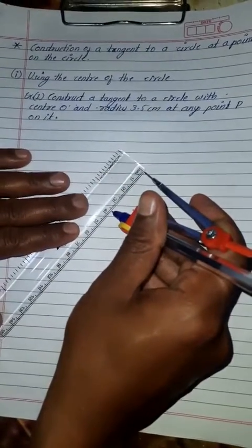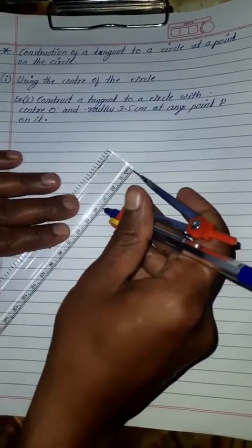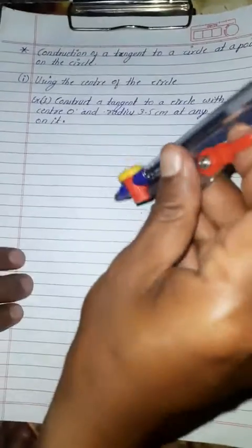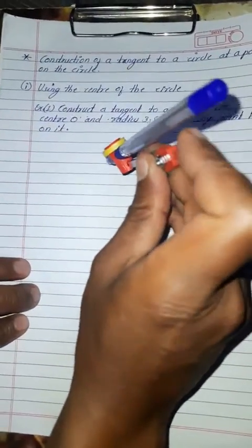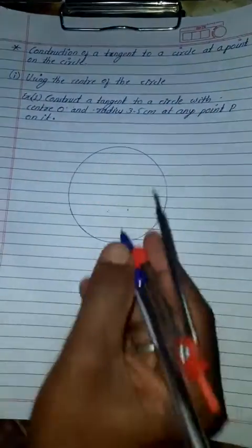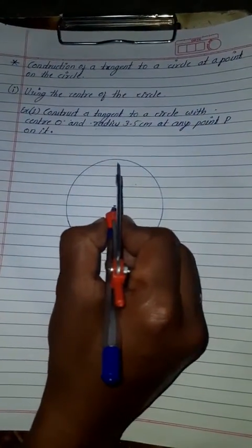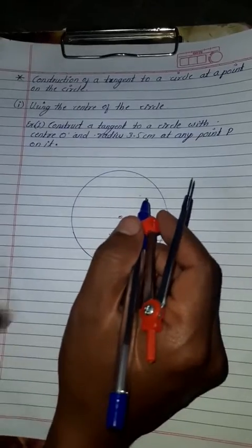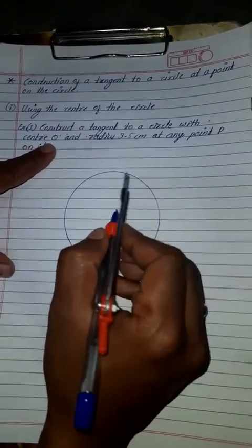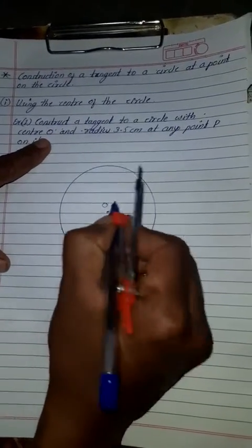So I have taken exactly 3.5 centimeter measure. Now I will draw a circle. So this is a circle of radius 3.5 centimeter and they have told to take the center as O.